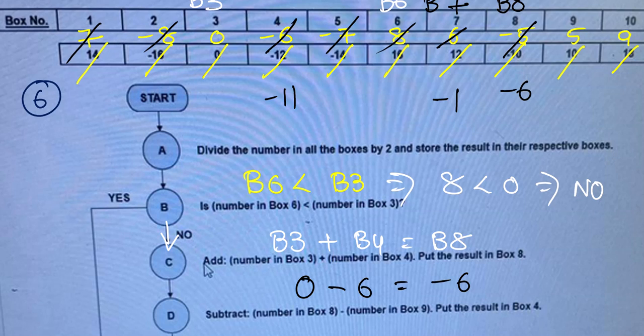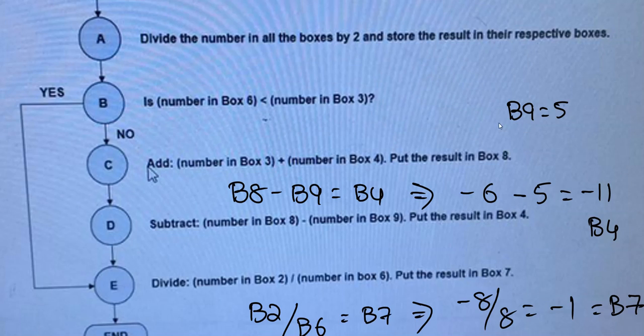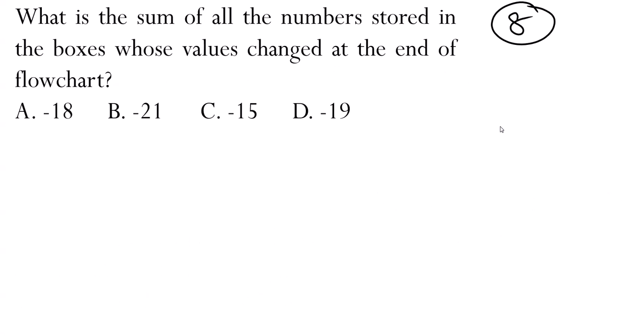But here, if you take sum of all things, we have an issue. We got all values actually changed. If you take all, that summation is not available. Box 9, box 10 not changed anywhere. Right, so fine. So flowchart.